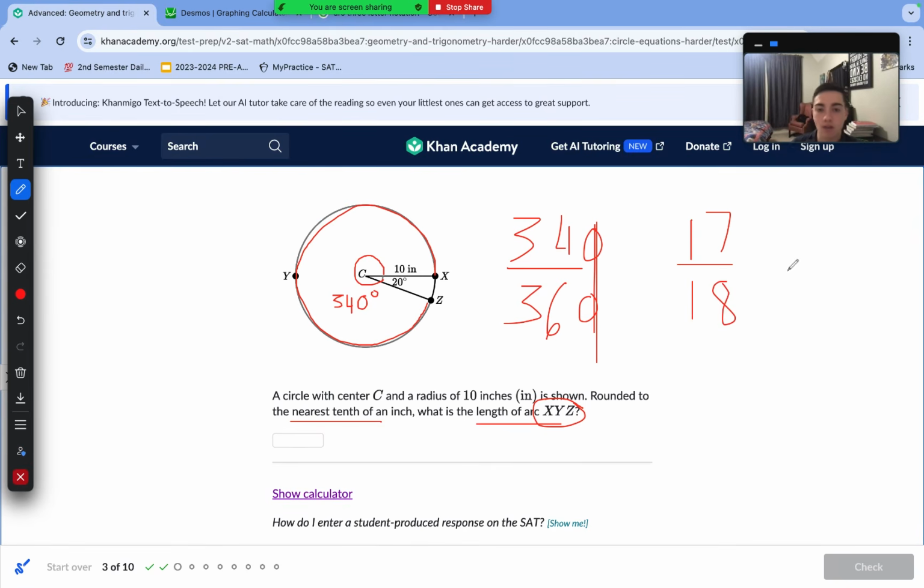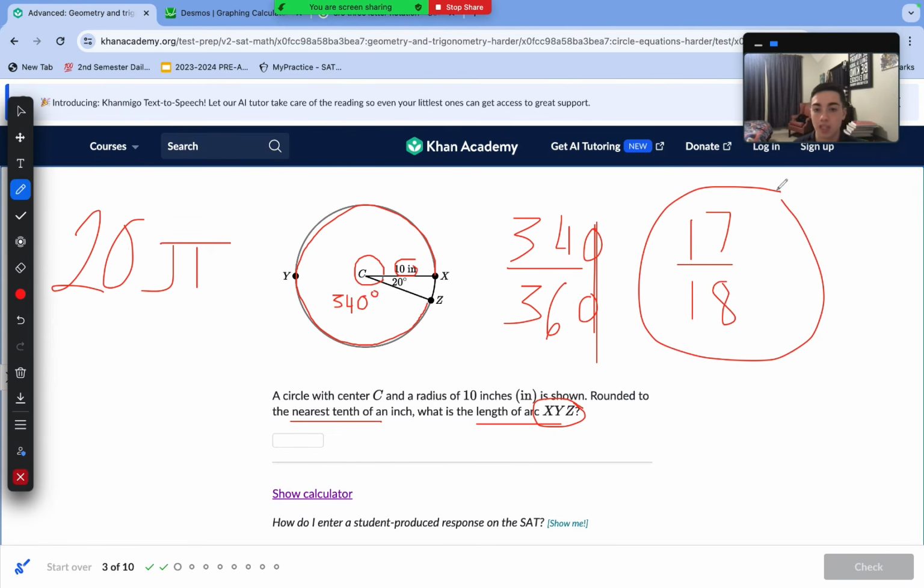Now we can take the 17 over 18 and store it for later, because now we need to find the circumference of the circle. If the circumference formula is 2 pi r, and r is equal to 10, that means the circumference of the circle here is just 20 pi. So in order to find the length of the arc, we're going to take this circumference of 20 pi and multiply it by the fraction, which is 17 over 18.